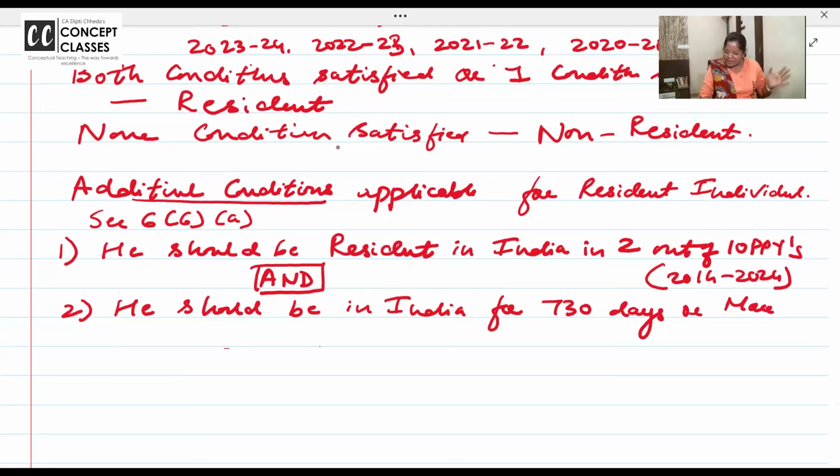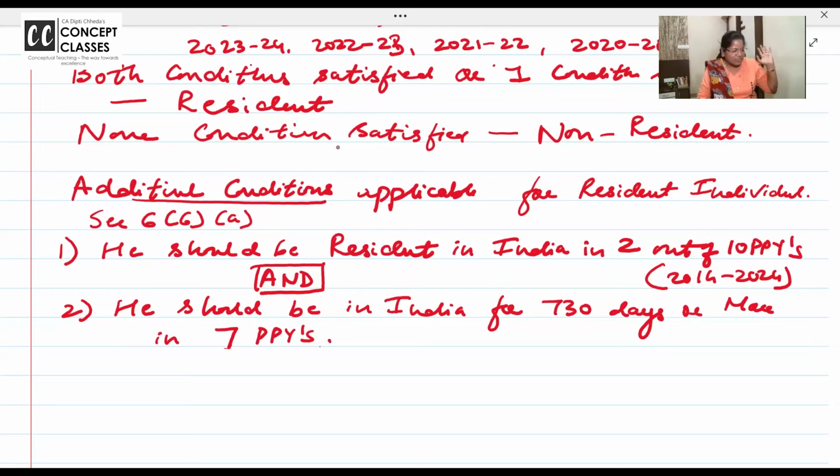Last, he should be in India for 730 days or more in 7 PPYs. 7 preceding previous years, you should be in India for 730 days or more. And out of the last 10 years, any 2 years, you should be resident.